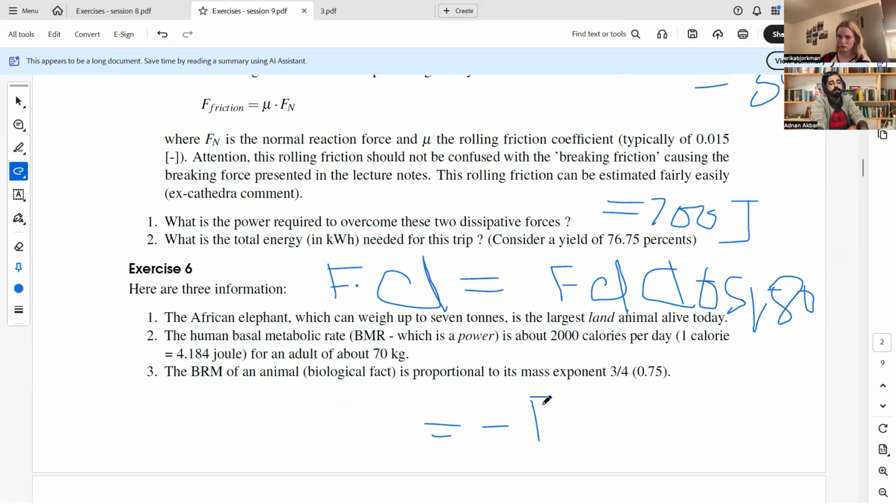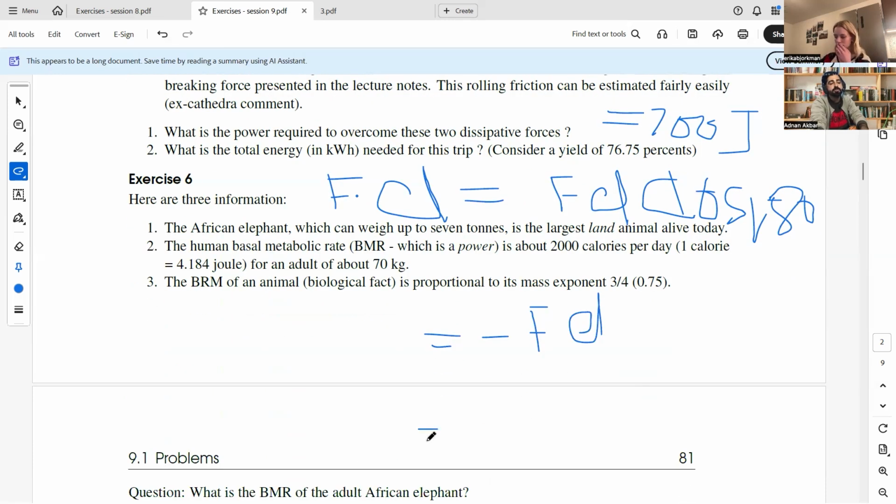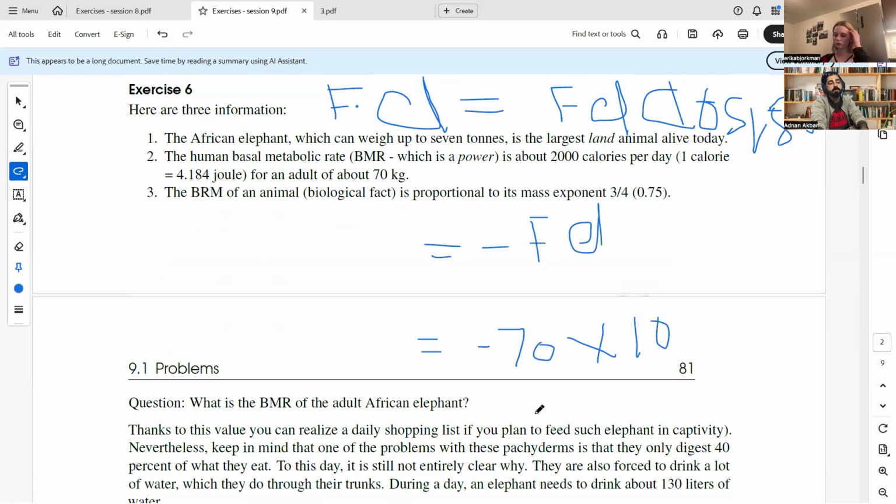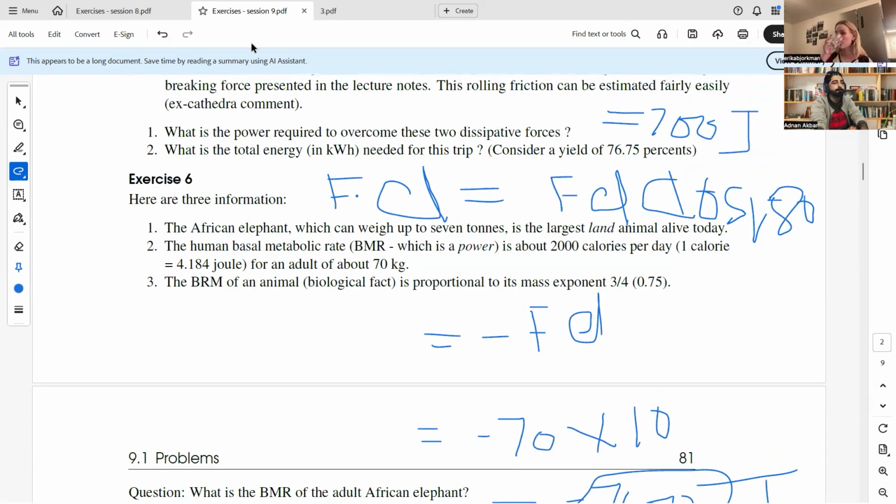It is not part of our question; I am just making sure you are understanding. So the force of friction is 70 multiplied by the covered distance 10, then the dissipation of energy is 700 joule. How can we say it is dissipated energy? Because the negative sign shows that it is the missing or dissipated energy. Is it clear? Yes, it's clear.